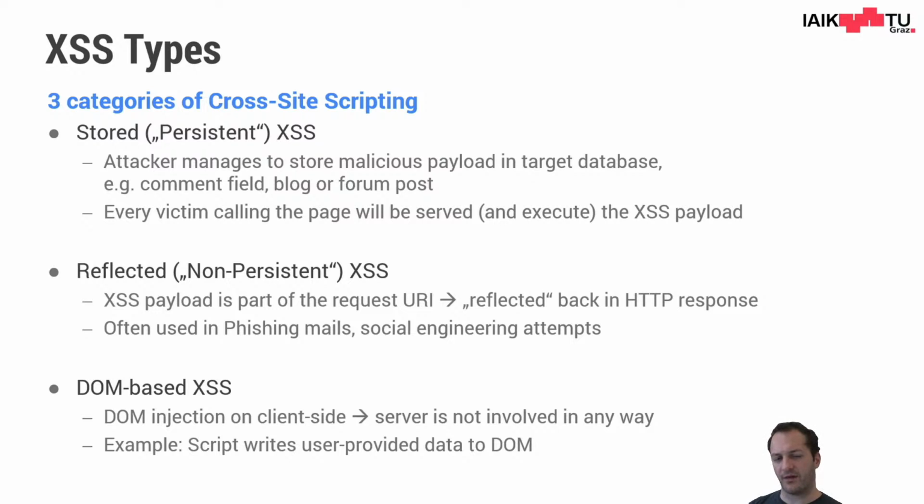So in case whatever an attacker sends there is not filtered or not well enough filtered, then it will just persist on that target. And every victim who calls this target website will just be served this payload.